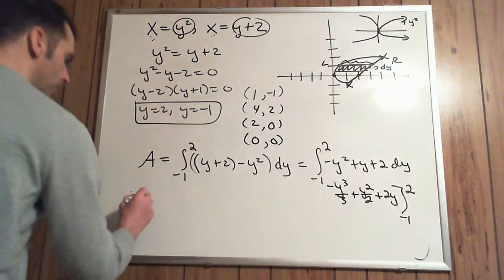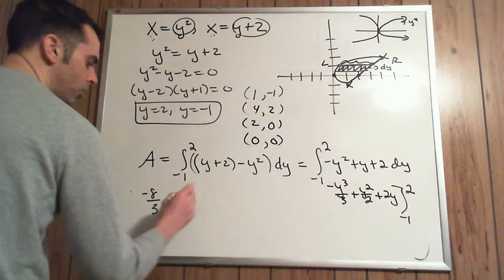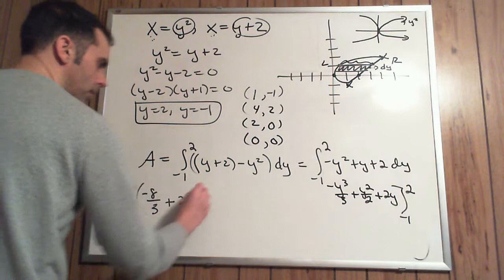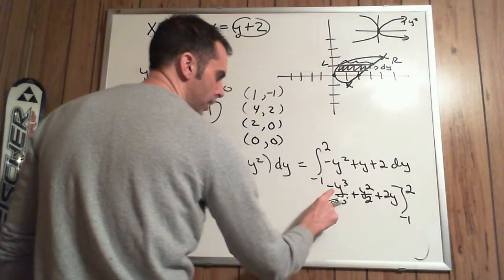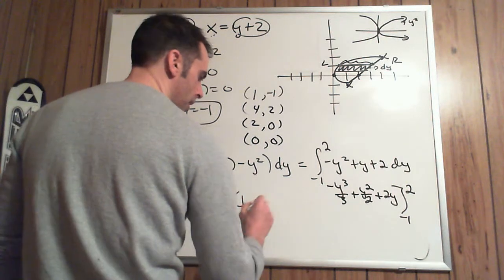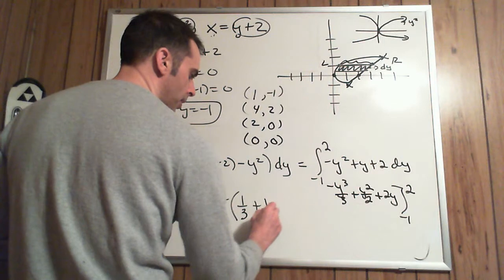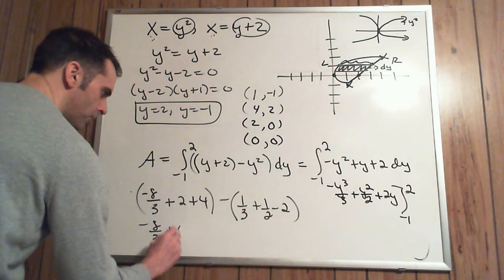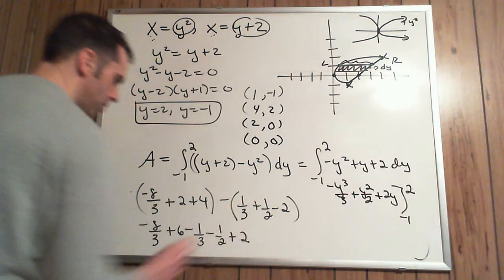Put in the top limit first. I'll get negative 8/3. 2 squared is 4 divided by 2 is 2, plus 4, minus negative 1 cubed, which is negative 1 times a negative, a positive. Negative 1 squared is a positive 1/2, minus 2. And then now distribute: negative 8/3 plus 6 minus 1/3 minus 1/2 plus 2.